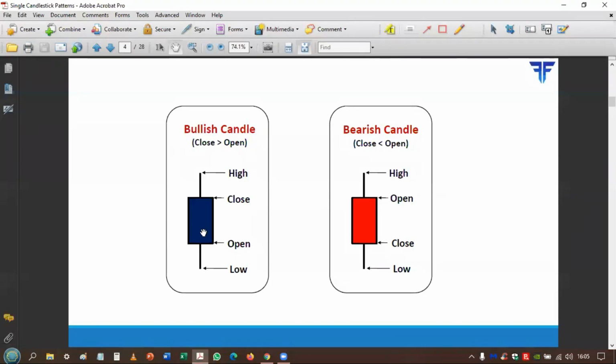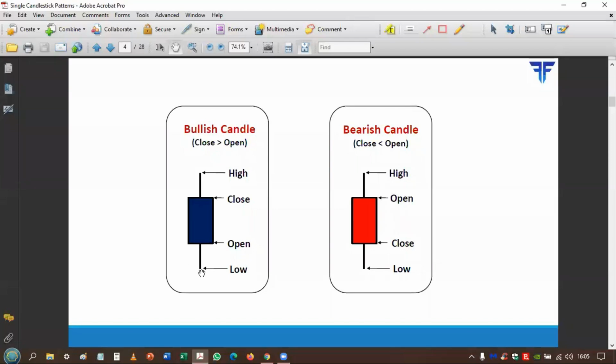Now, above and below the real body are wicks, which are also known as shadows. The entire structure, that is the real body and the upper and lower shadow combined, represents one candle. The top of the candlestick, which is the top of the upper shadow, represents the high for a period.